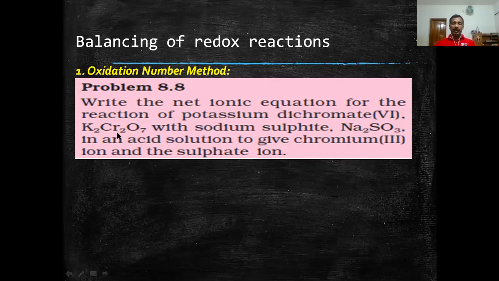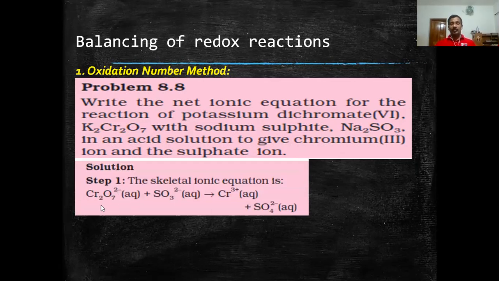So Cr2O7 2- plus SO3 2- gives chromium 3 ion Cr3+ plus sulfate ion SO4 2-.